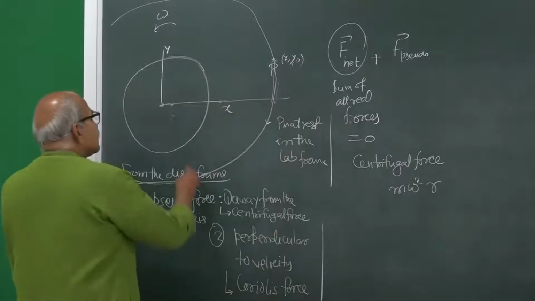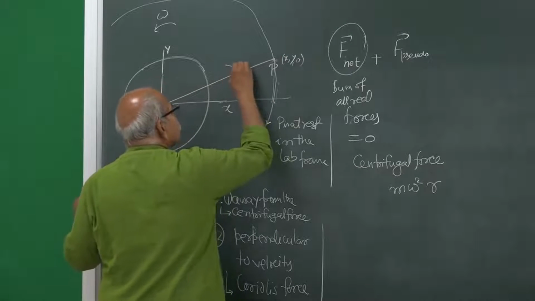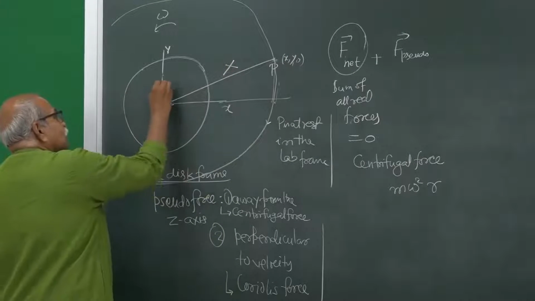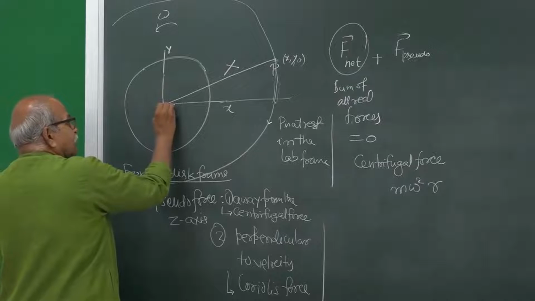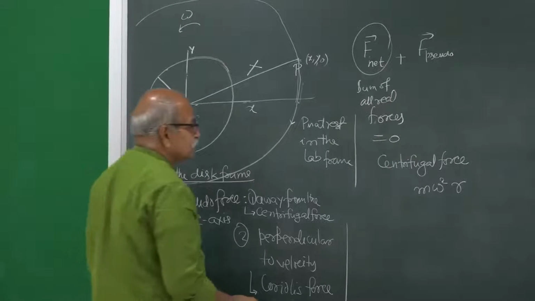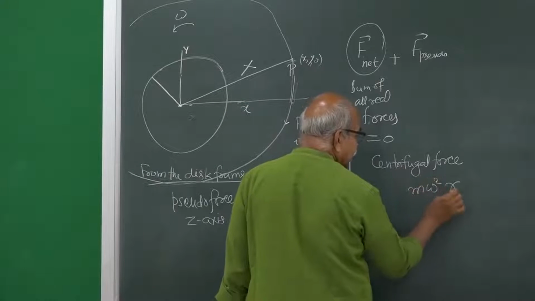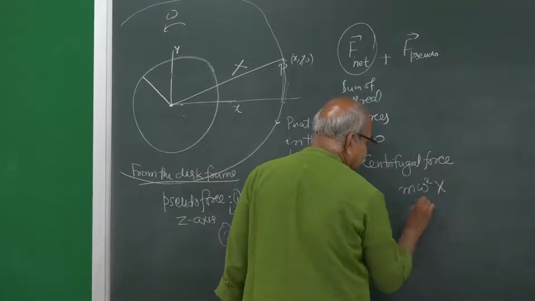What is the distance from the axis? Here is the axis, let us call this capital X, and let us call this radius r. So, the centrifugal force will be m into omega square into that capital X. Which direction? Outward.